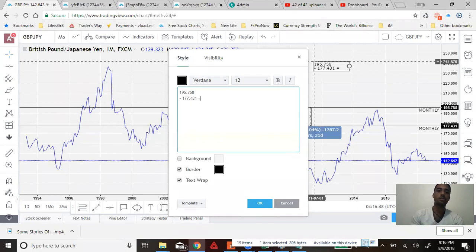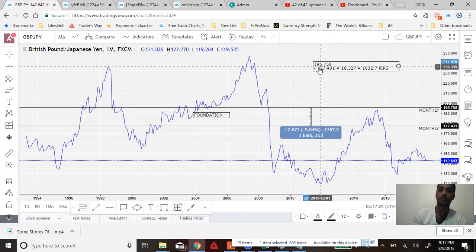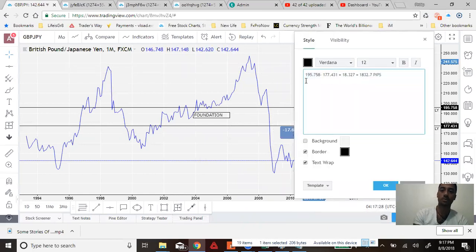Okay, and that will equal the difference, an actual total of 1832.7 pips. That's the actual. That's what the actual amount is.